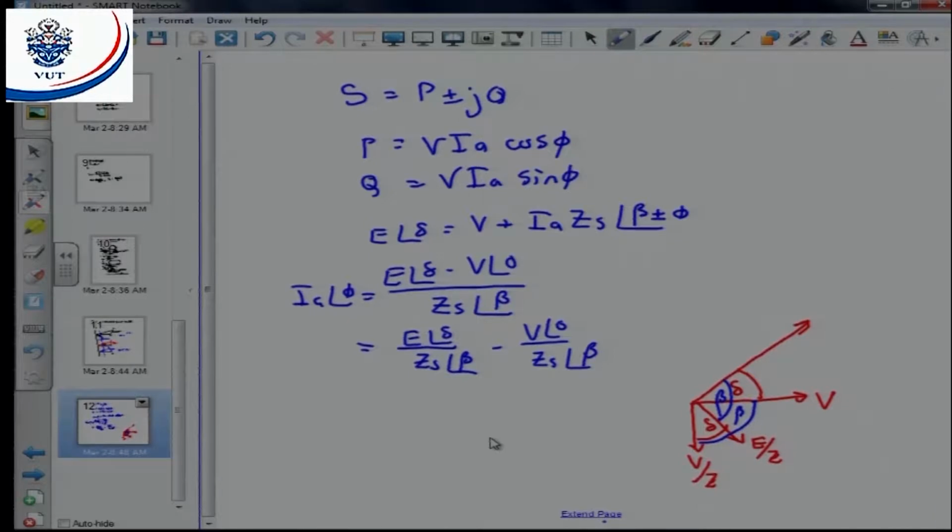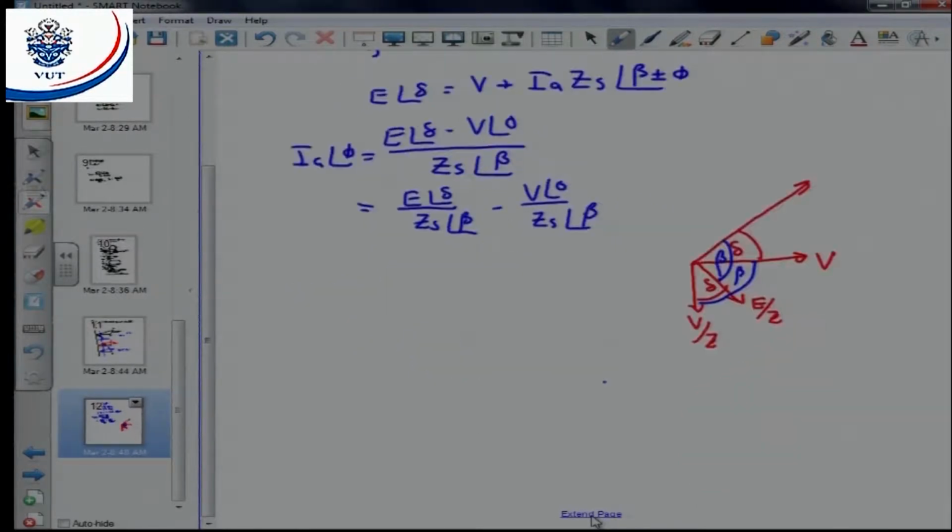So now if we want to determine the developed power, that has got to do with E and the current.